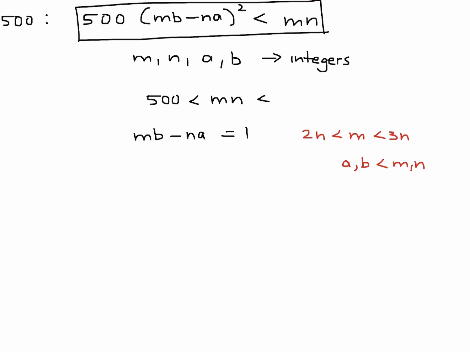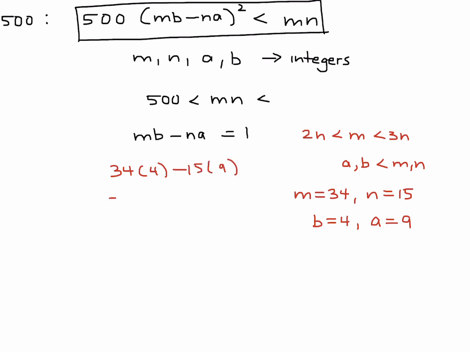But when you do figure that out, you get to the following conclusion, that if m is equal to 34 and n is equal to 15, this will work. And the choices for a and b are b equals 4 and a equals 9. And if you do that, you can verify 34 times 4 minus 15 times 9. That is 136 minus 135, and that is indeed 1.